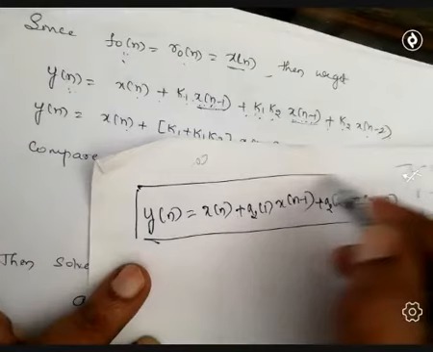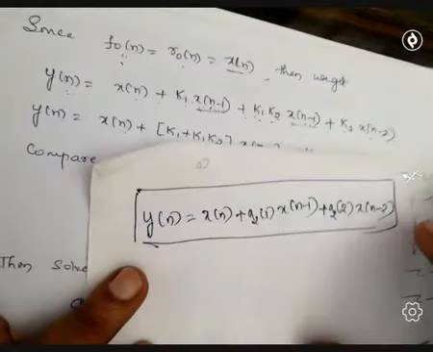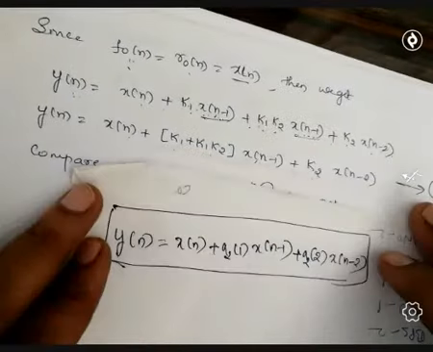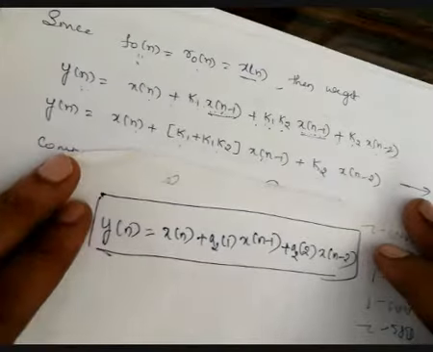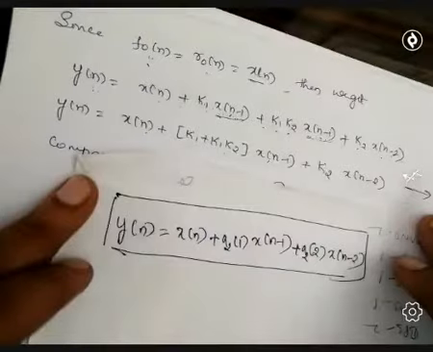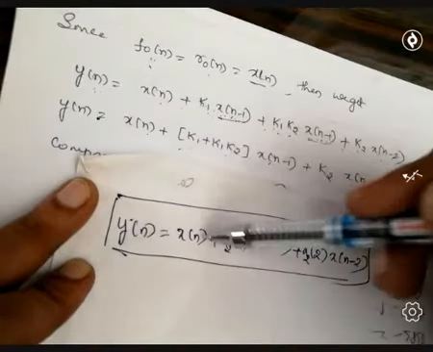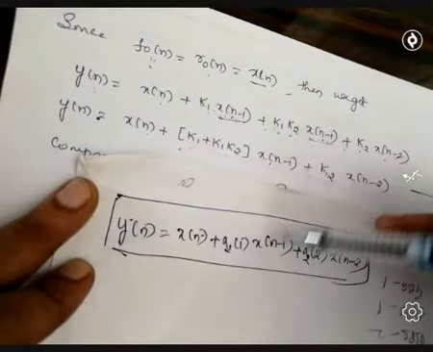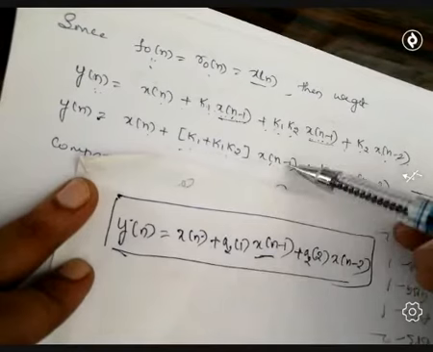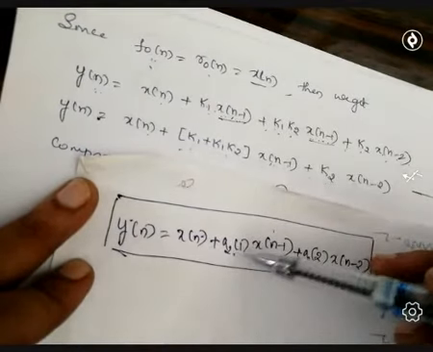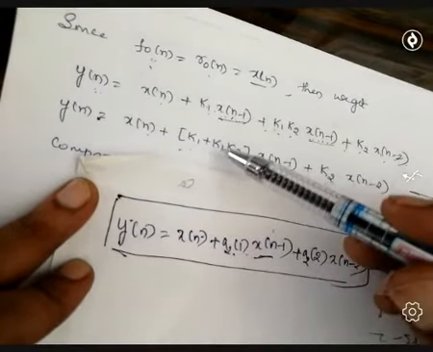Now comparing equation 5 with equation 8, compare these two equations. x of n as it is, x of n minus 1 is there, and the coefficient of x of n minus 1 is a2 of 1 here. Here it is k1 plus k1 into k2.